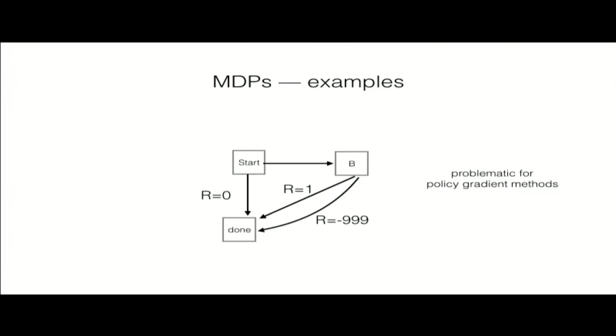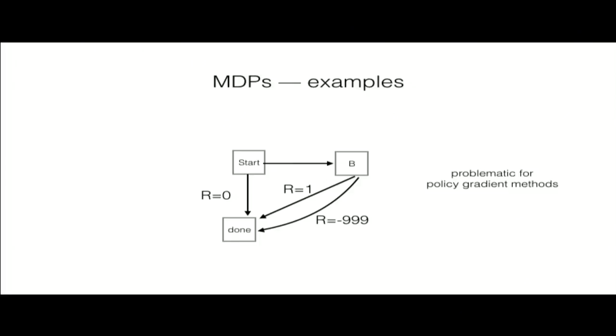Let's say you start off at this state, and then you can either go right to the done state and get a reward of 0, or you can go over here to this other extra state called B, and from B you can either go to the done state and receive a reward of 1, or you can also go to the done state and receive a reward of -999. This seems like a pretty stupid MDP because obviously you would take the reward of 1 instead of -999.